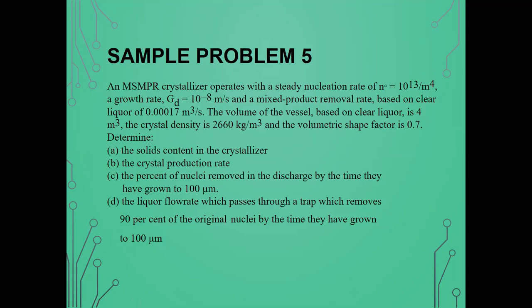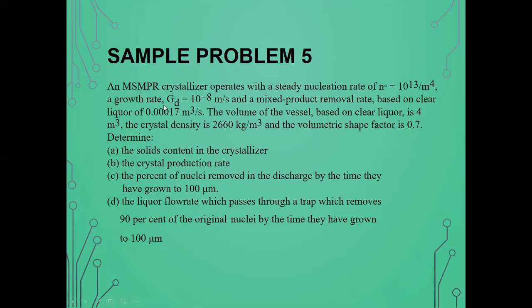The volume of the vessel based on clear liquor is 4 cubic meters, and the crystal density is 2,660 kilograms per cubic meter, with the volumetric shape factor being equal to 0.7.